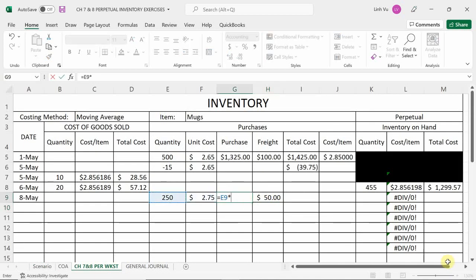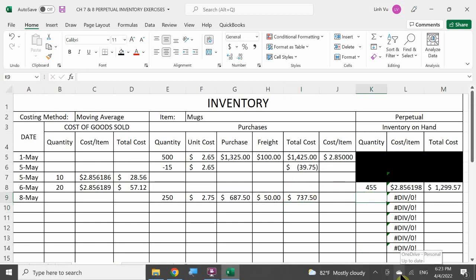I'm going to take 250 times 2.75. I get $687.50 plus 50, going to give me a total of $737.50. So this is the number I can use to plug into my journal. Okay? But before I go ahead and do that, let's plug it into my inventory on hand.